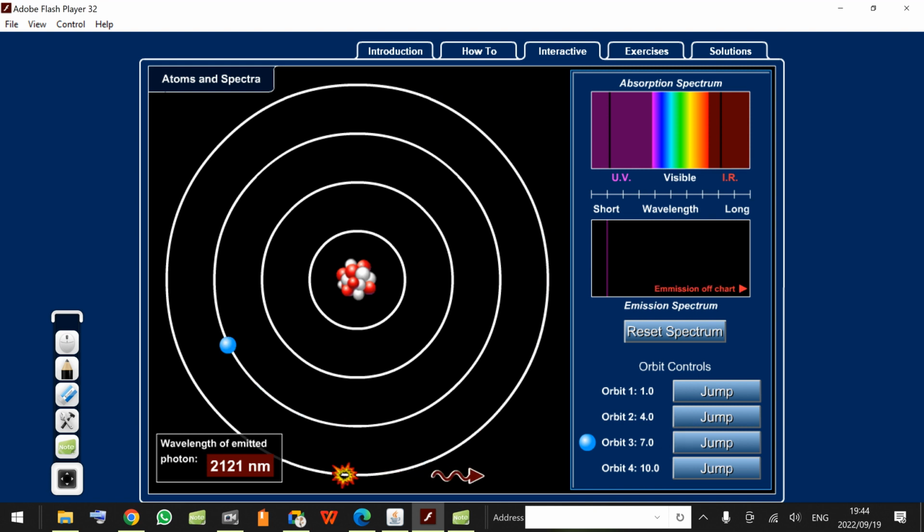You see the electron left. Do you see that the infrared that was absorbed is now emitted? If I jump here, the ultraviolet that was absorbed has now been what? Released.